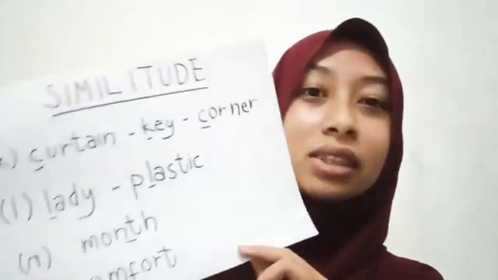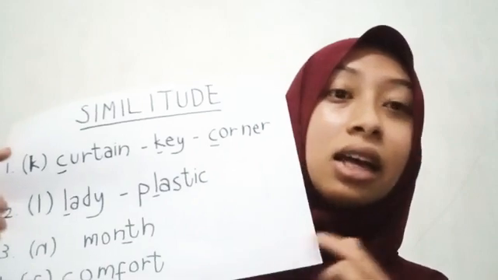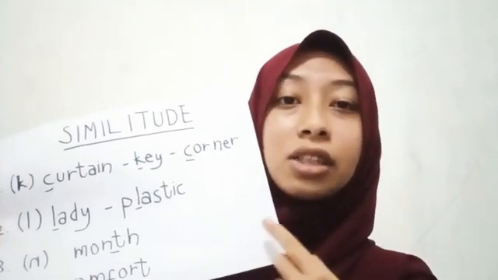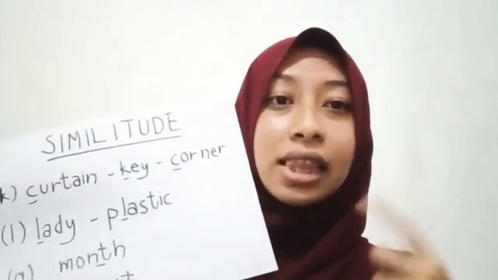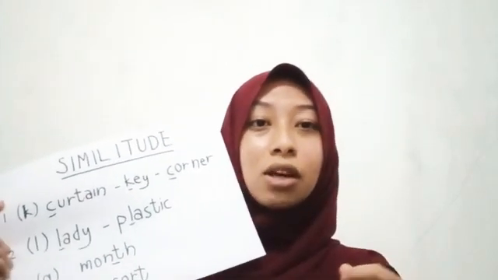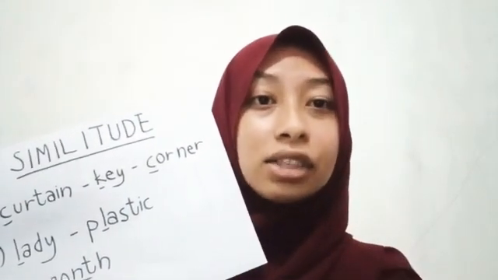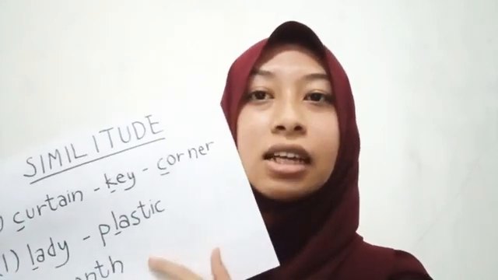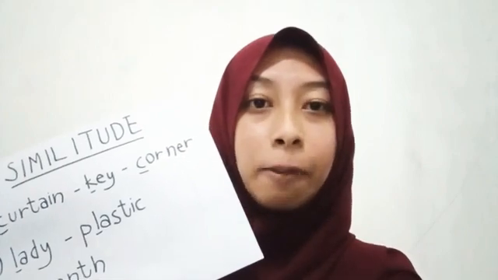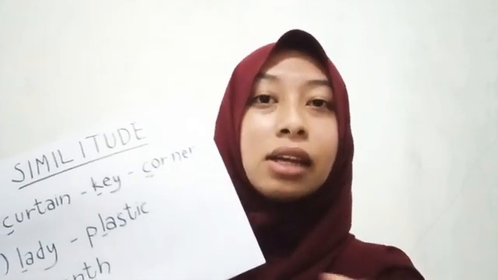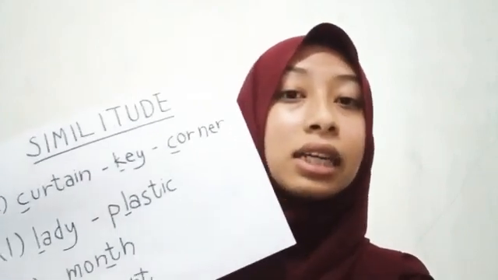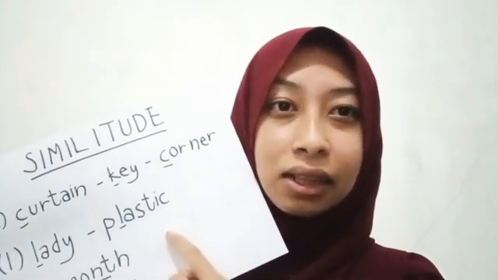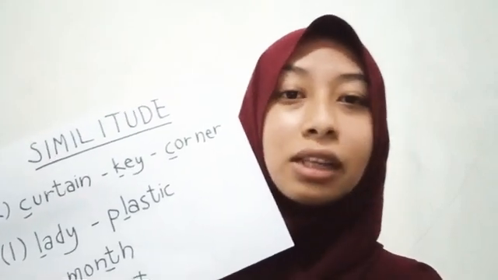For the second example, the L sound. For the ordinary one, we have lady, which is pronounced ordinarily, as usual. The second is plastic. The L sound in the first and second examples is pronounced differently.